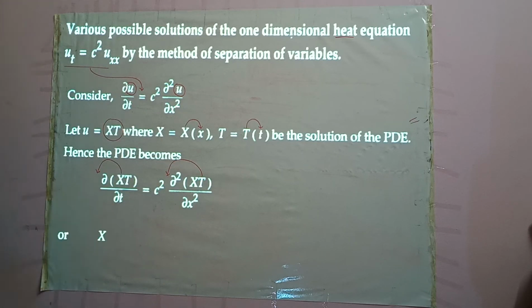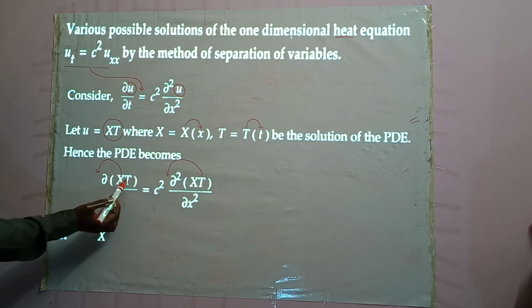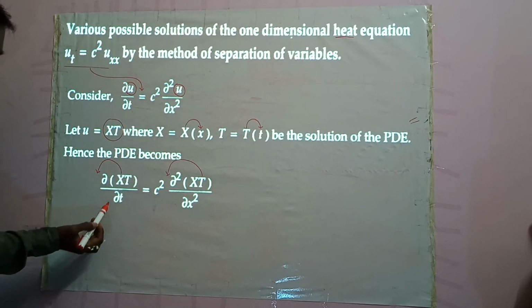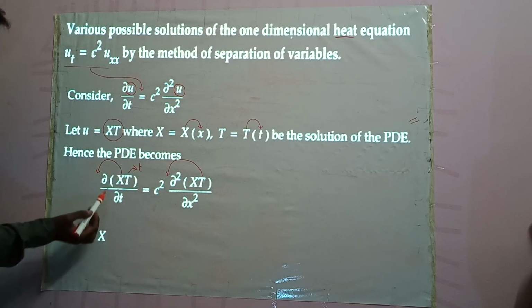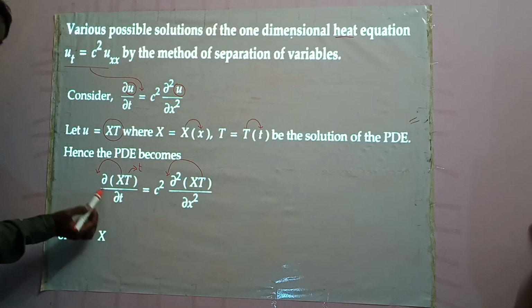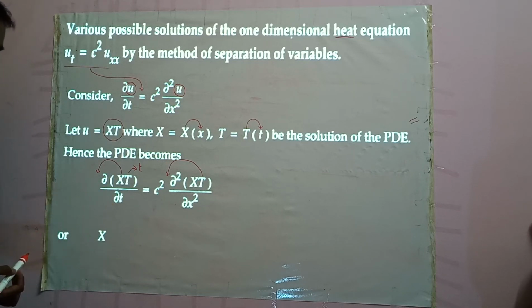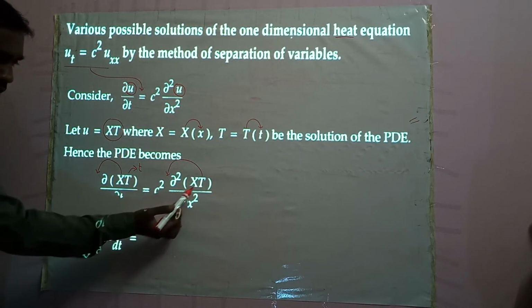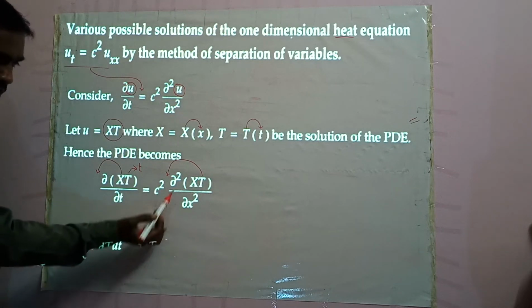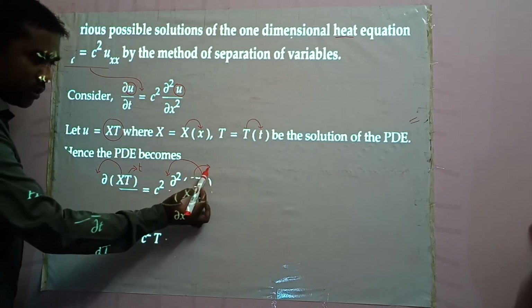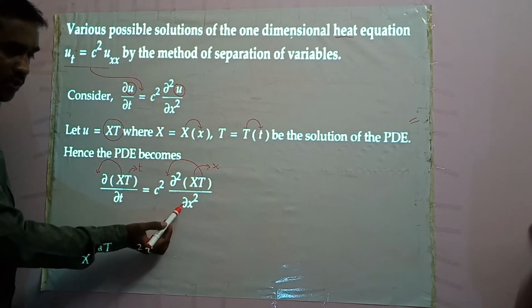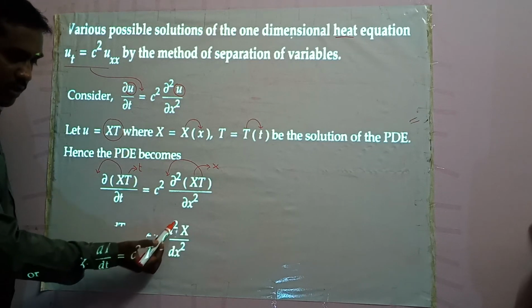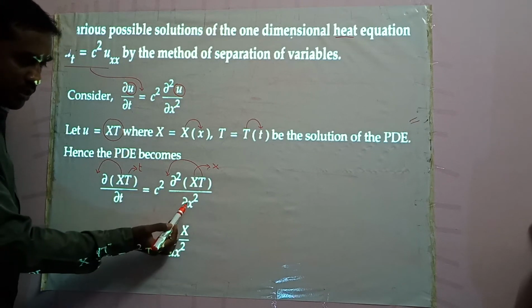Since T depends on only one variable t, we can replace the partial derivative by an ordinary derivative: X dT/dt = c² T d²X/dx², since X depends on only one variable x.